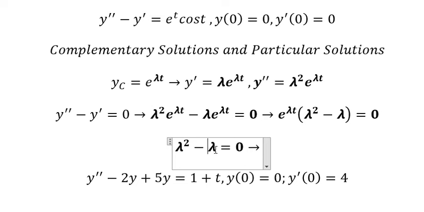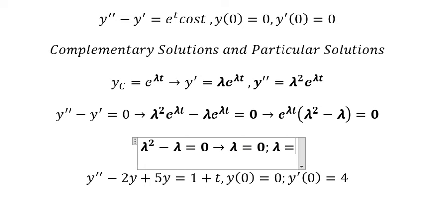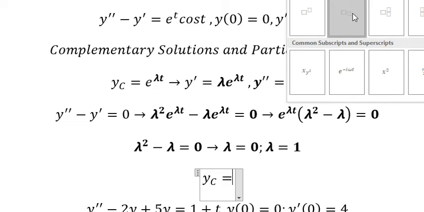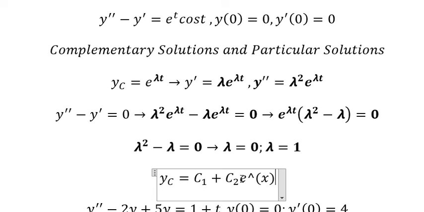So we got about lambda equals to number 0 and lambda equal to number 1. So in this situation, we have yc and we got about c1. e to the power of 0s, so this one you got about 1. And we have c2 e to the power of 1s, so you got about s.